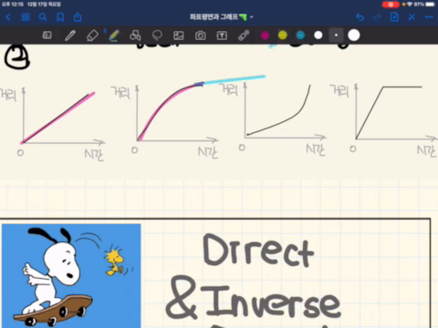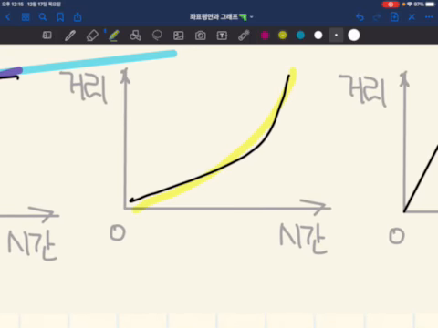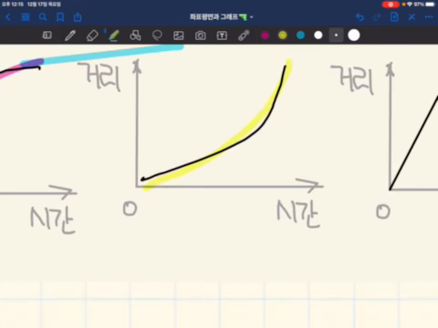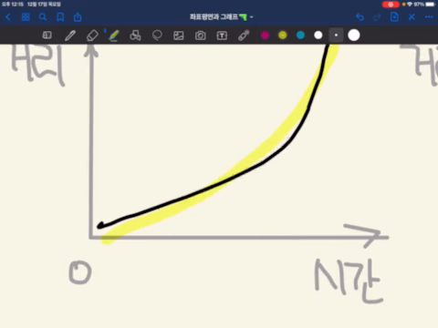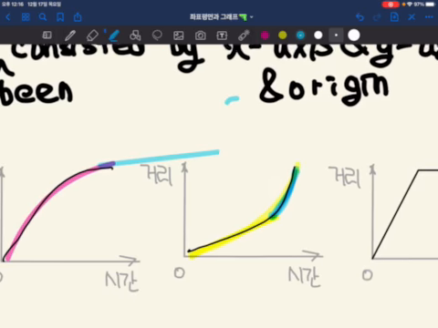Then we'll look at the third graph, which sometimes can be seen as inverse proportion, but what I am trying to say is that it has a smaller slope at the bottom, but a steeper slope at the top.